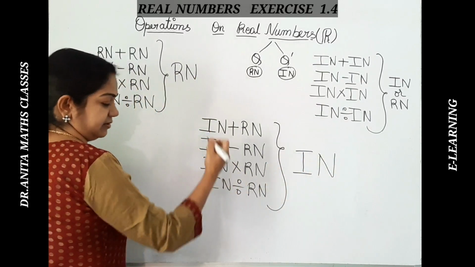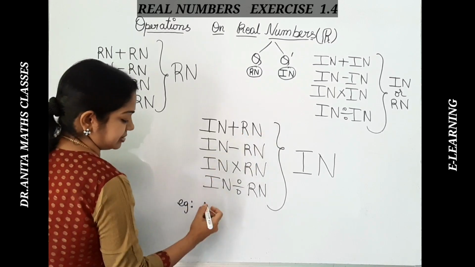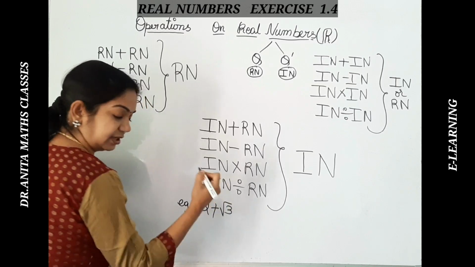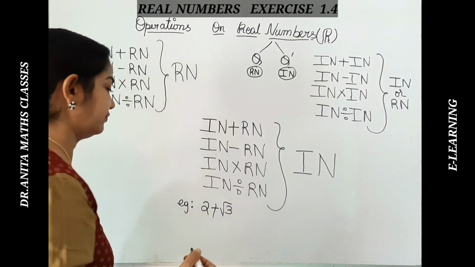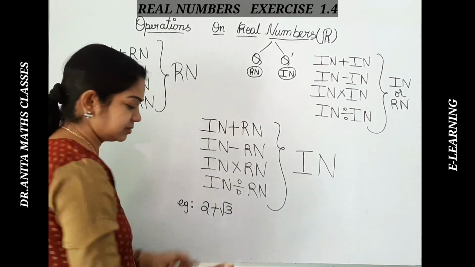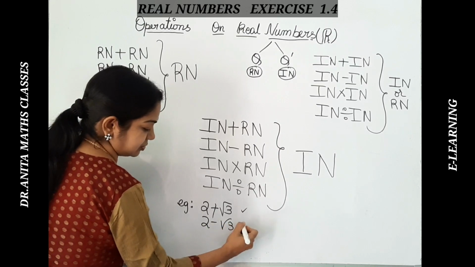Now how is that? Taking an example, if I take a rational number as 2 plus irrational root 3. Root 3, root 2, root 5, all those are irrational, isn't it? So if you add them, this is purely irrational again, and if you subtract also, this is also irrational.